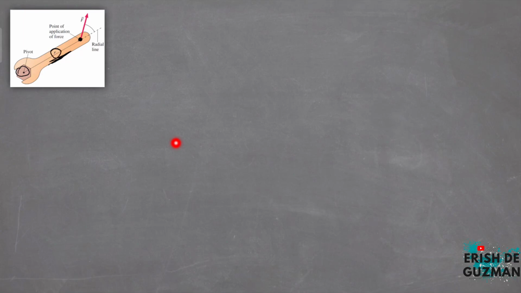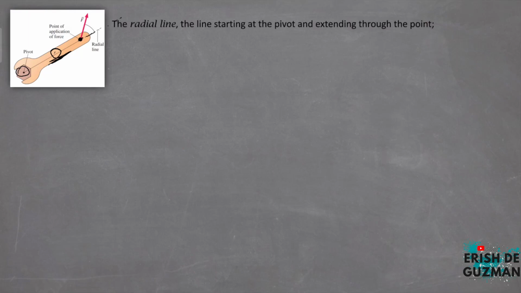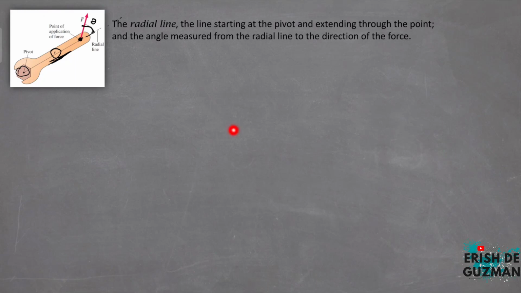Ito yung radius. And meron tayong tinatawag na radial line. So, yung radial line na yan, the line starting at the pivot and extending through the point. And the angle naman, say, angle theta na lang, measured from the radial line to the direction of the force.